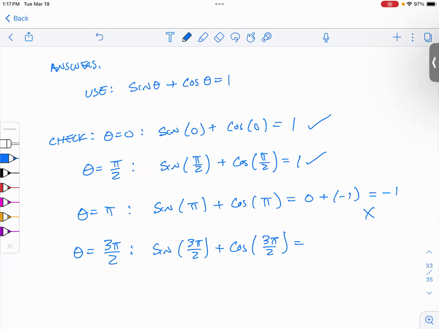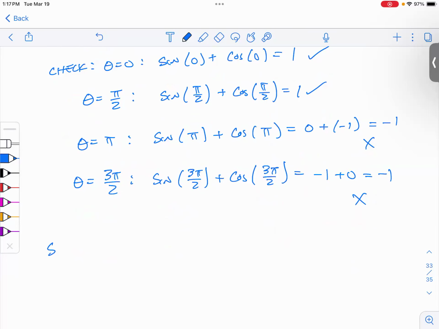And same thing, sine of 3 pi over 2 is -1 plus cosine of 3 pi over 2, which is 0, which is -1, which means that one didn't work either. So actually, theta equals 0 and pi over 2. And that's the tricky part. As far as the solving, it was pretty straightforward.